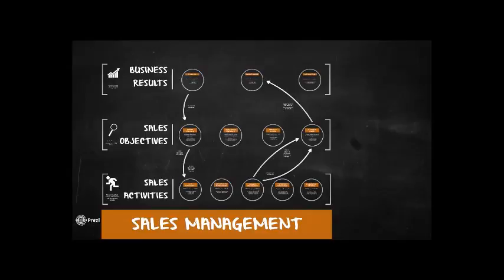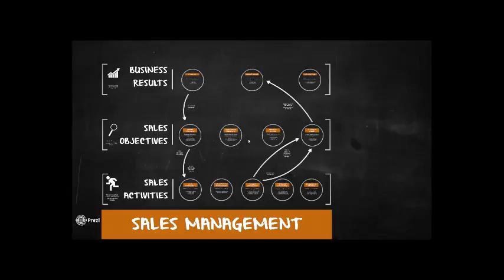Well, ultimately, the business result is the end goal. So, looking at the example I gave earlier, if you are looking to increase your revenue, there's a number of ways that you can do that. So you could do that by increasing the amount of new business that you bring on.